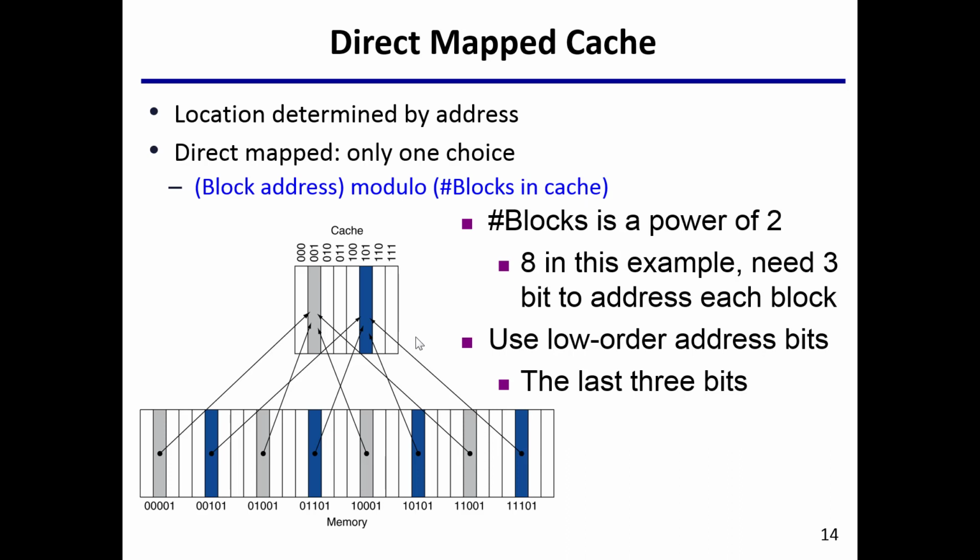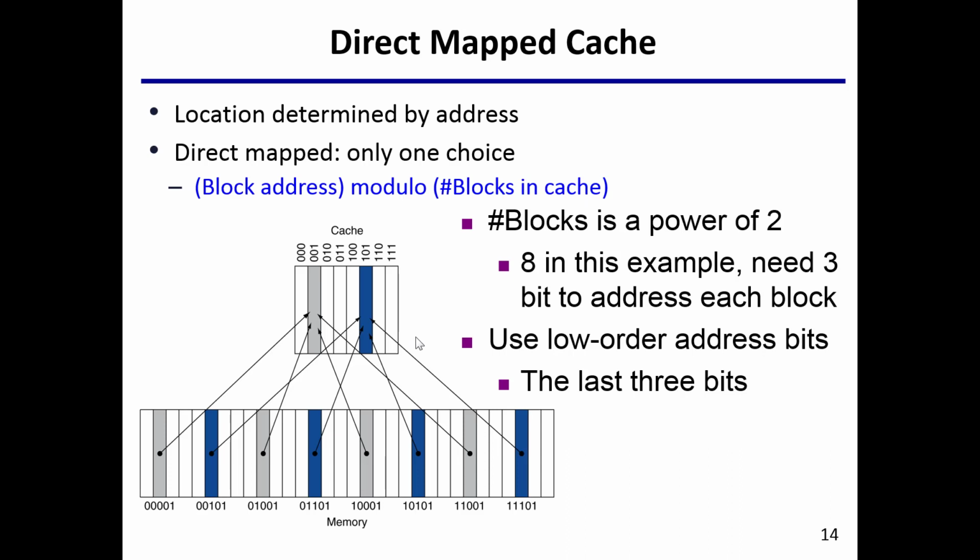And then you've got the memory space, the list of all memory addresses. For any arbitrary memory address, there's only one spot in the cache that it could go.